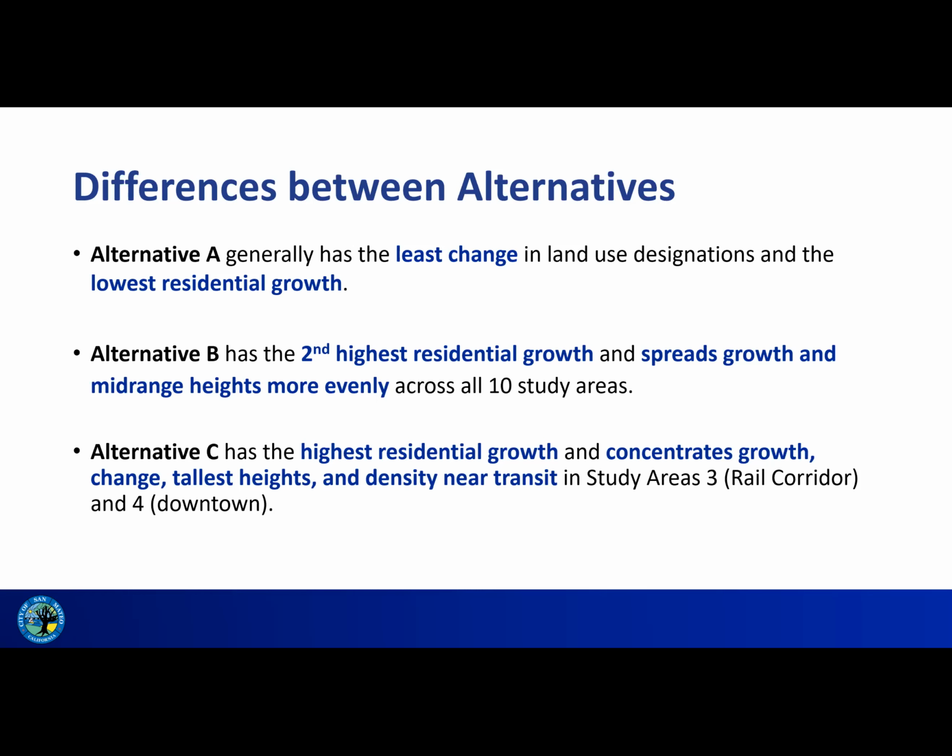Alternative C represents the highest residential growth. However, that growth is concentrated along the more dense transit-rich areas, which are study area 3 and study area 4, the rail corridor and downtown. Again, each alternative offers a different approach to plan for future housing, jobs, and commercial areas over the next 20 years.